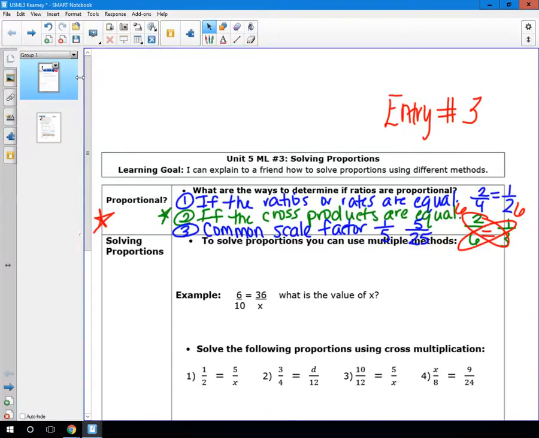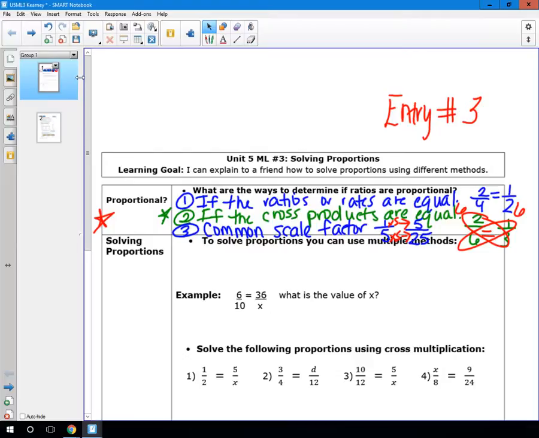So can you think of a number that we multiply both the 1 and the 5 by to get the 5/25? So many of you are thinking that we multiply times 5. 1 times 5 is 5, and we multiply 5 times 5, we're going to get 25. So my common scale factor there is 5.